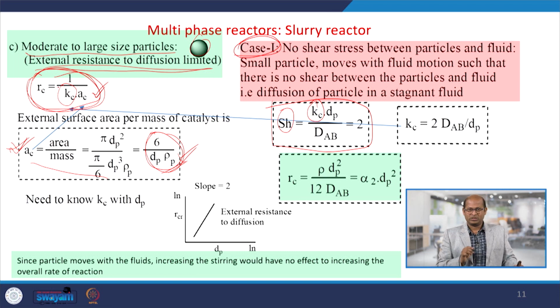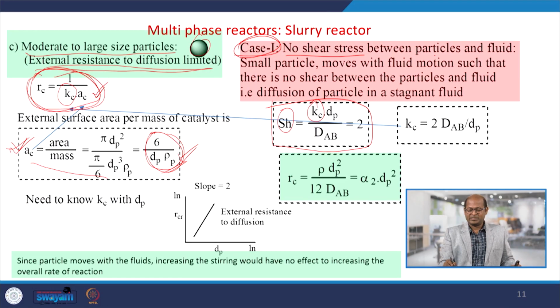Here we are going to discuss the Kc part. Kc is the mass transfer coefficient. How can we get the mass transfer coefficient from an experiment? Suppose we have a batch reactor and the fluid is stagnant.